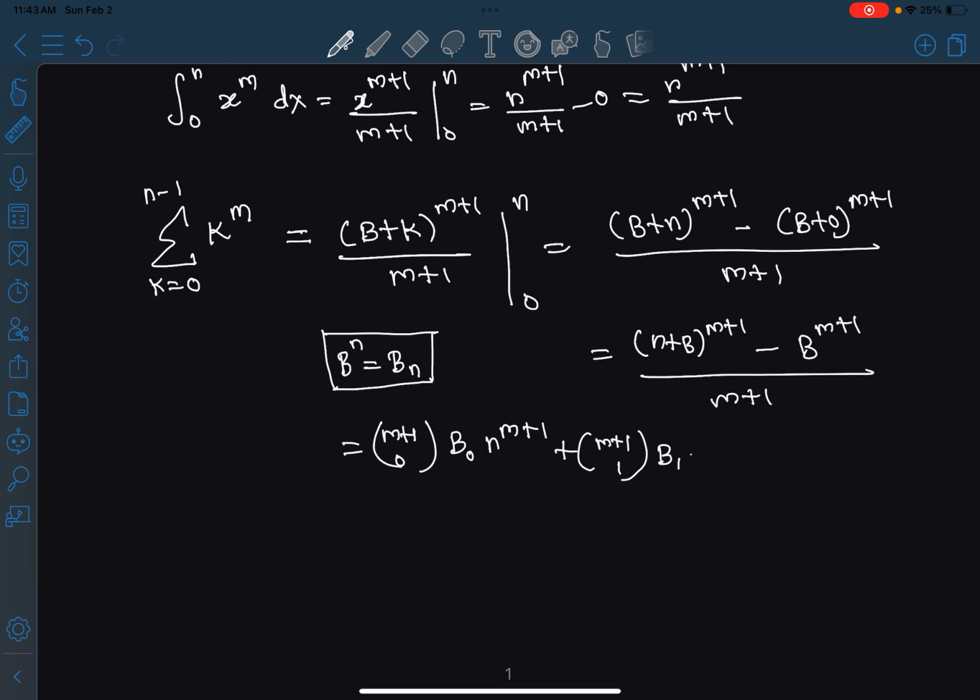And then b sub 1 n to the power m plus, now this will be m plus 1 choose 2, b sub 2 n to the power m minus 1, and then this goes on, right?